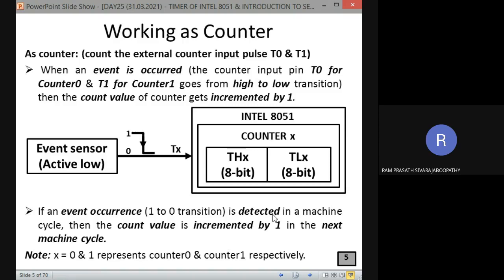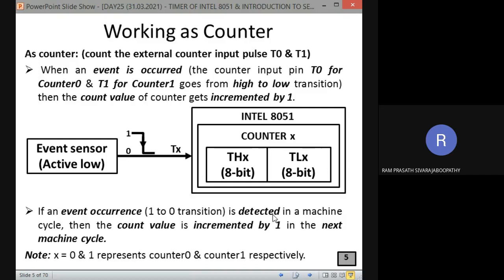That means an obstacle is present near the sensor. Till the obstacle moves, the counting operation won't happen. Once it goes from 0 back to high in the next machine cycle, that indicates an event is completed. Once the event is completed, the count value gets incremented by 1.